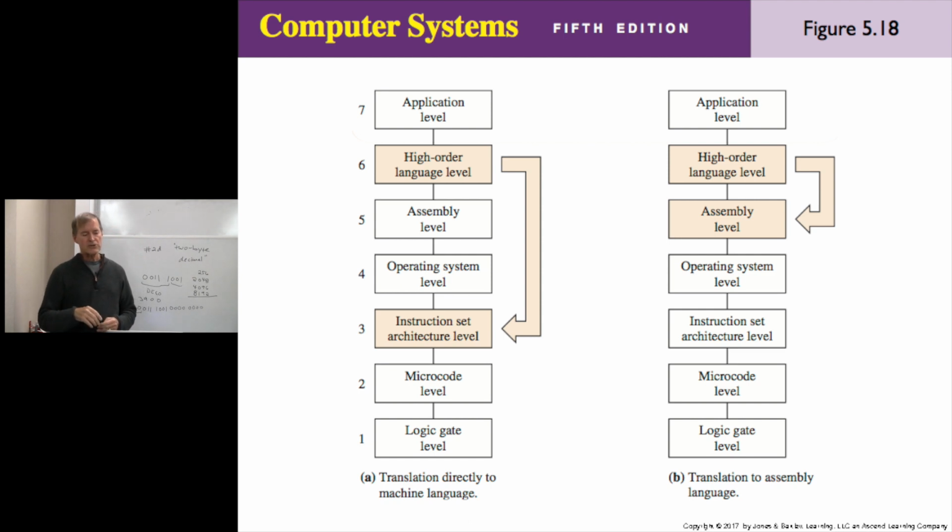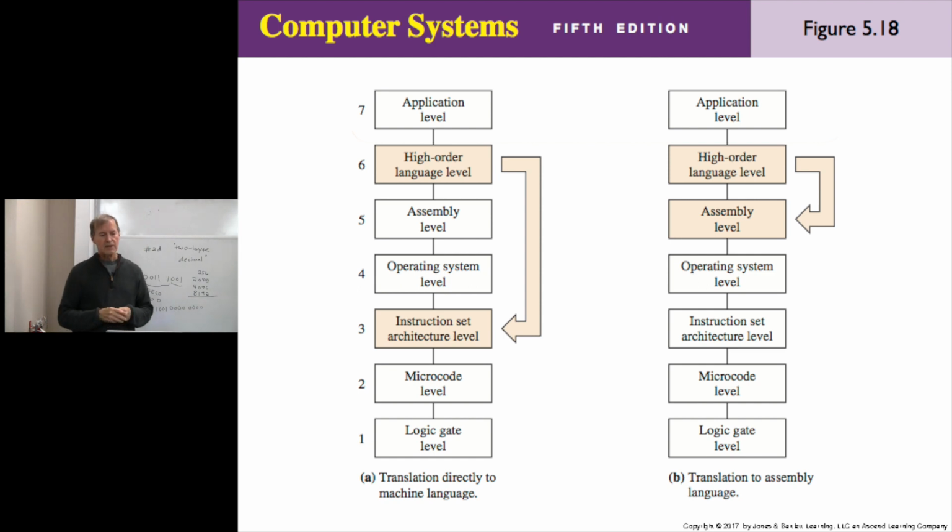But so what we are going to do from now on, for the rest of the course, a large part of the course is going to be understanding how the compiler translates from level HOL 6, and we're going to do it as in part B. In other words, we're going to go from high order language to assembly level, and then we'll know how to go from assembly level to machine level.